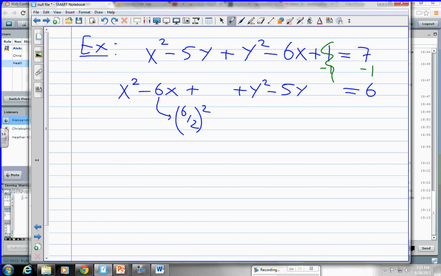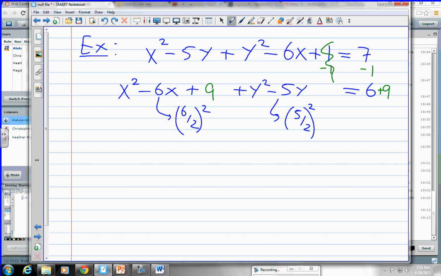So what am I adding? 9. I'm going to add 9 to both sides. Now I'm going to do something similar to the 5. So 5 divided by 2, and square that.